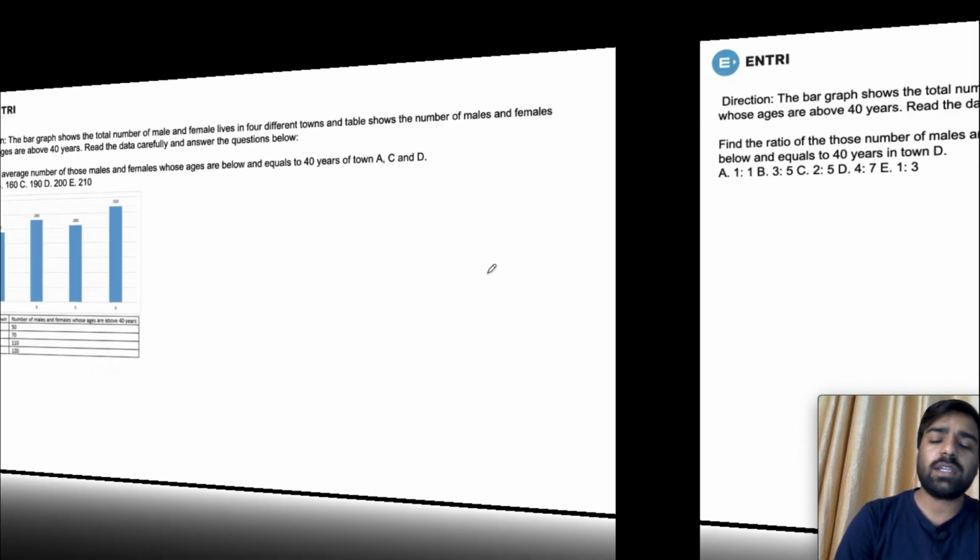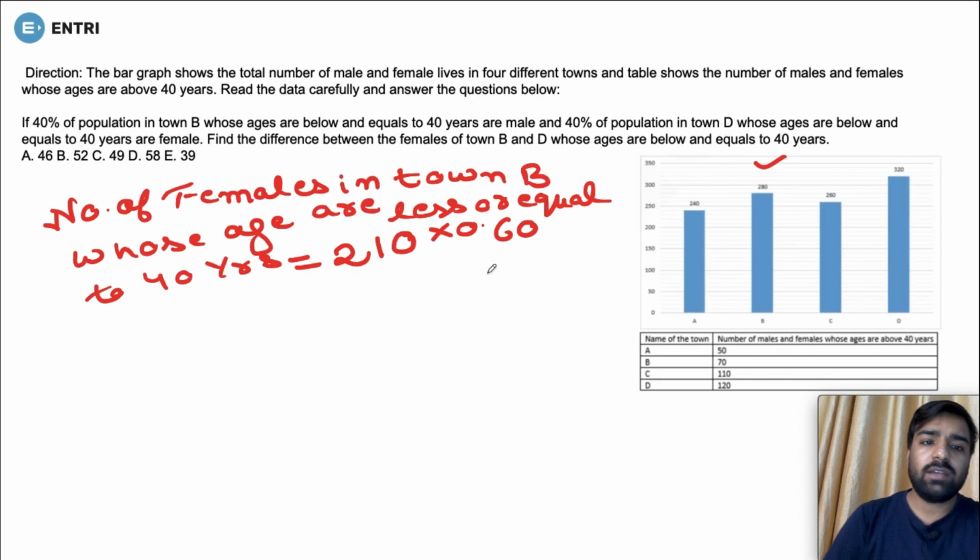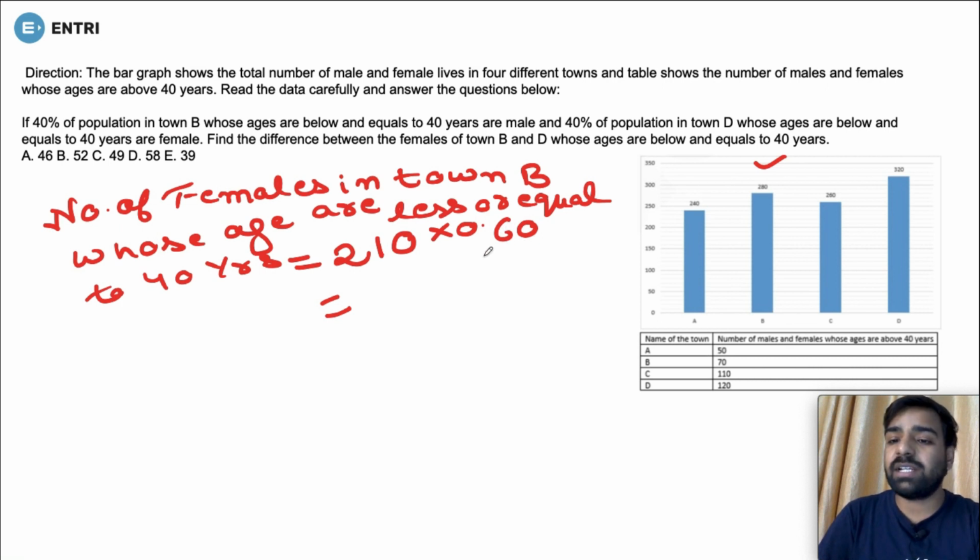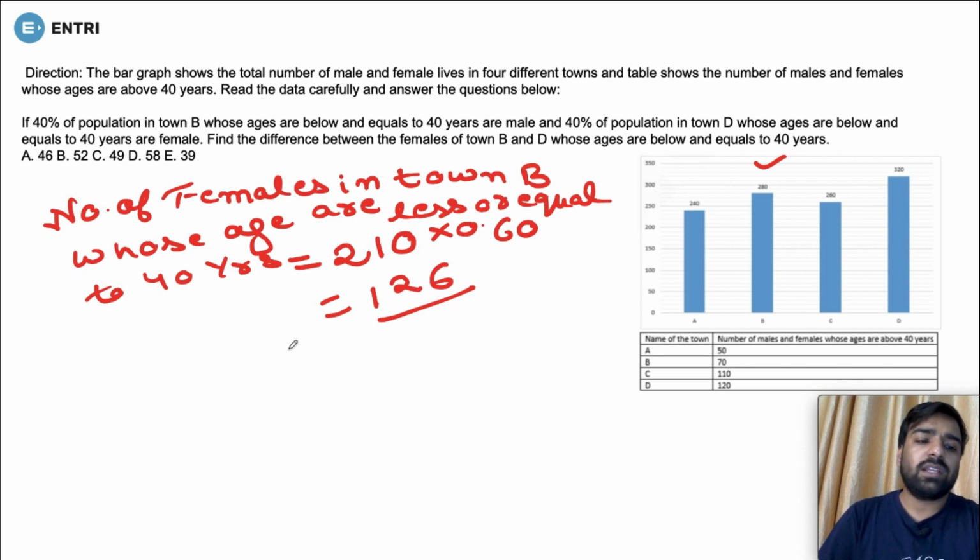Now we are solving this 0.60, why? Because they have already told us that it would be 60%. So 60% can be written as 60 by 100 or 0.60. So it is going to give you the value 126.